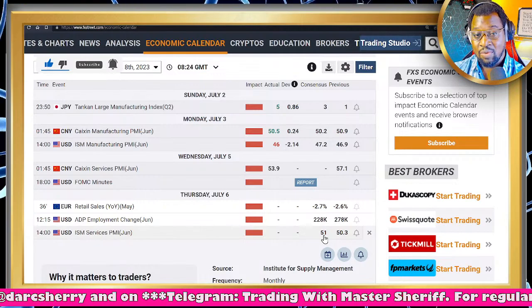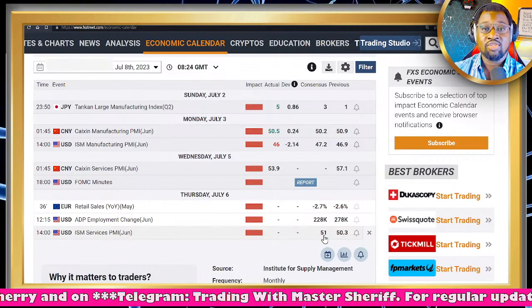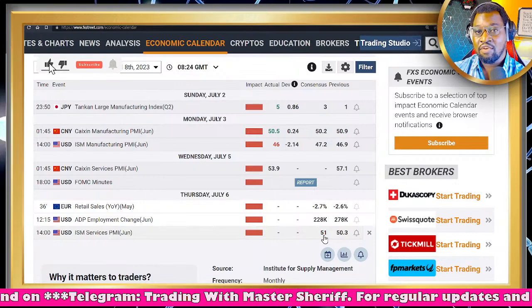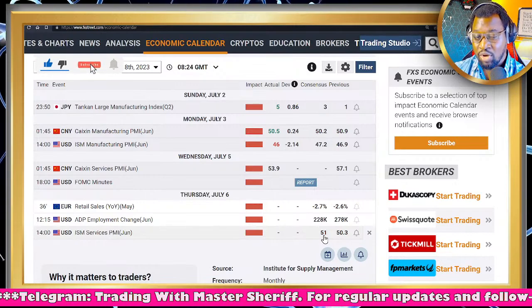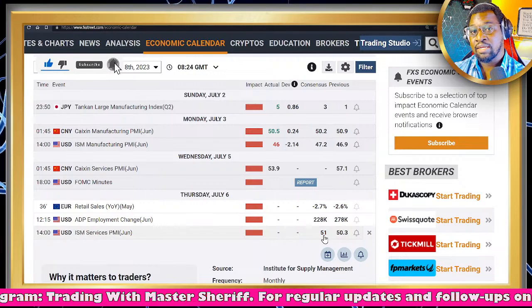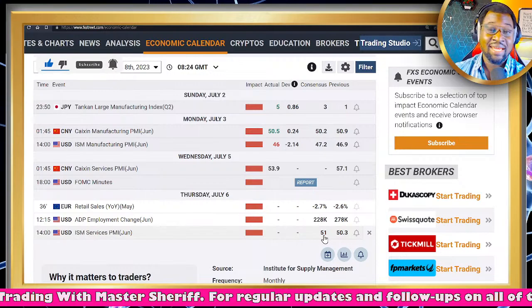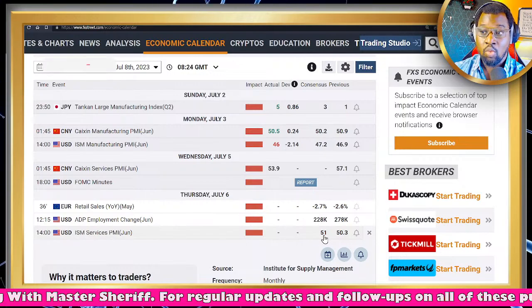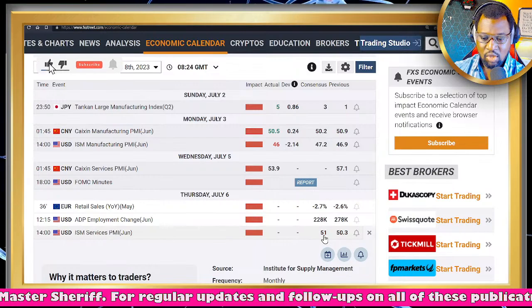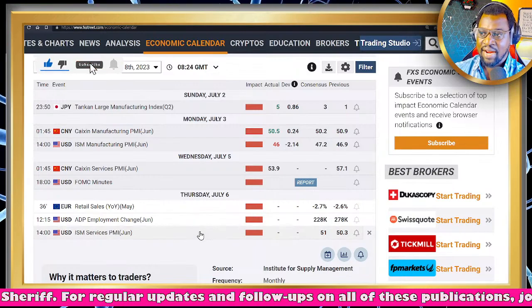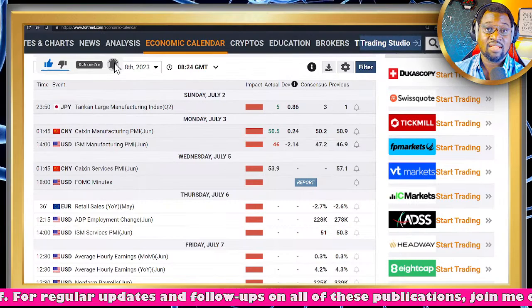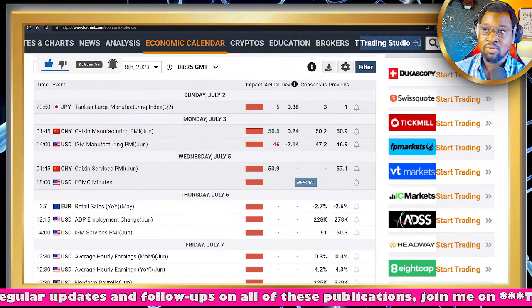That is simply what we want to focus on, to try to sniff and decipher from a psychological perspective what is really going on in the market, so we can position ourselves in such a way that we can catch that potential move when it finally happens. So with that being said, let's dive right into the charts and look at things from a technical standpoint.